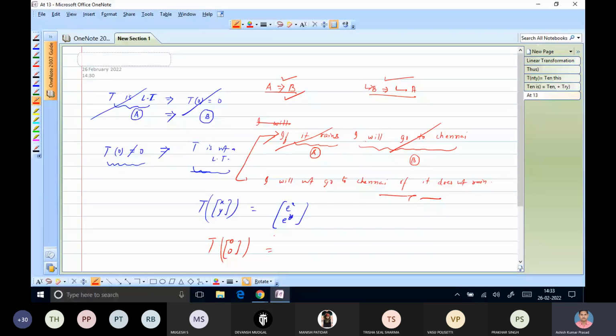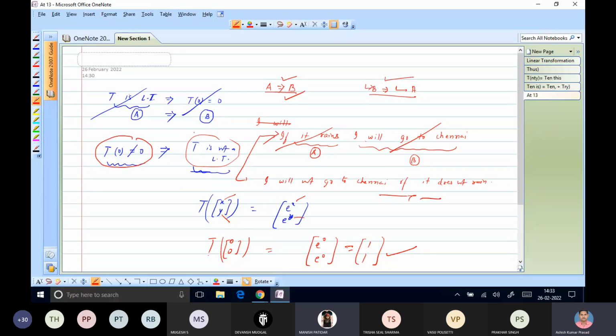So as per the definition of T, it will map to this element, right? And this element is nothing but 1, 1. So T is mapping 0 element to non-zero element. So T0 is not equal to 0. So T is not a linear transformation.